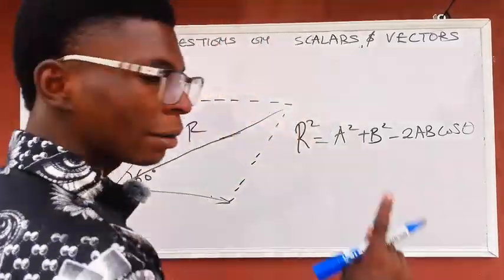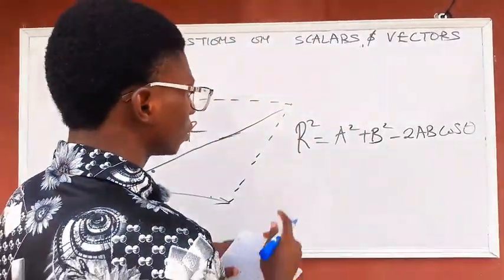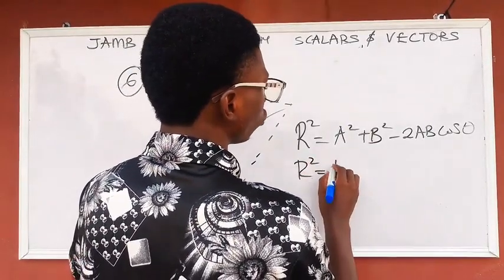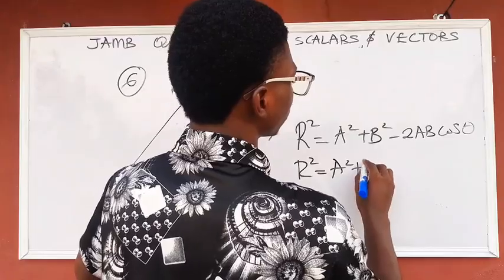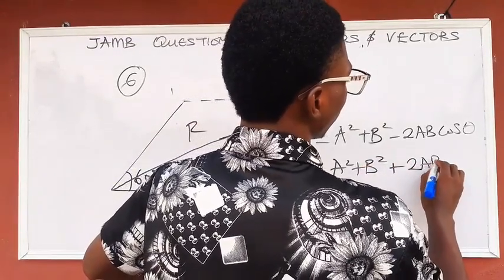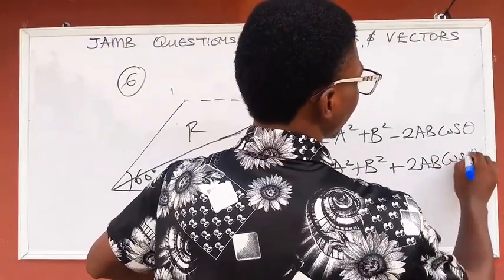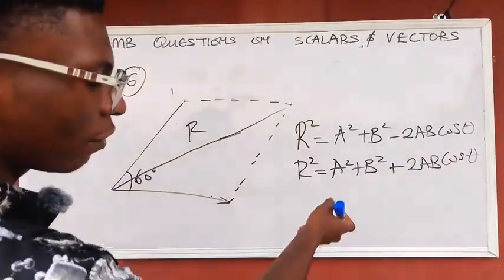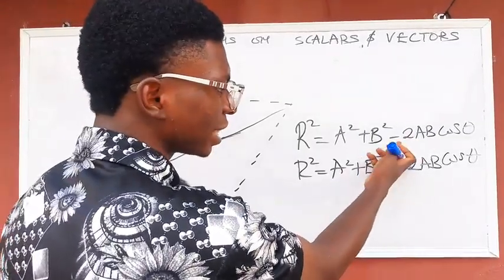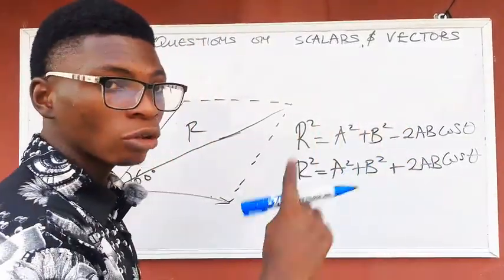Okay, let me do the second formula. R squared will be A squared plus B squared plus 2AB cos theta. You can see now the difference between these two formulas is just the sign. This one is negative and this one is positive, and I will tell you how to apply it.